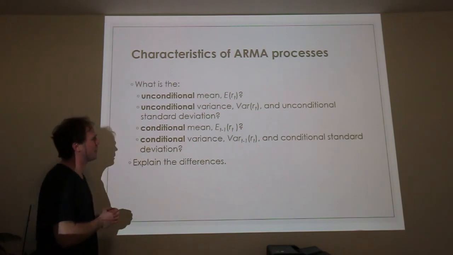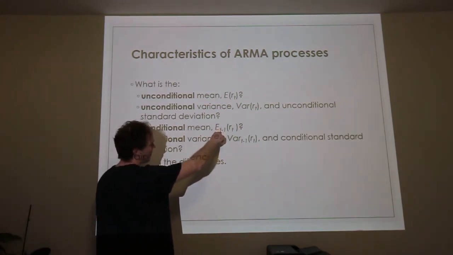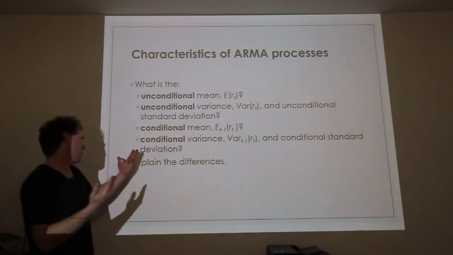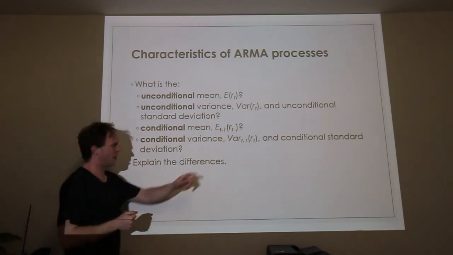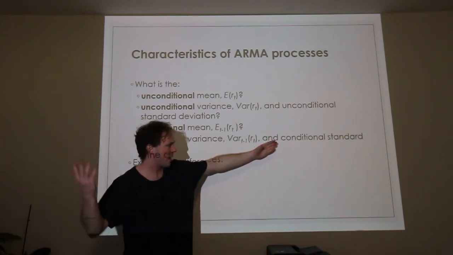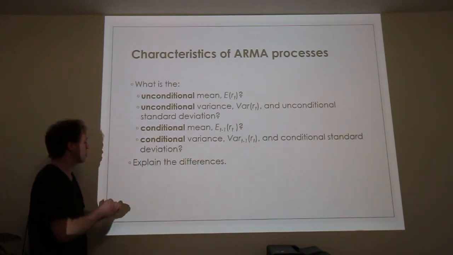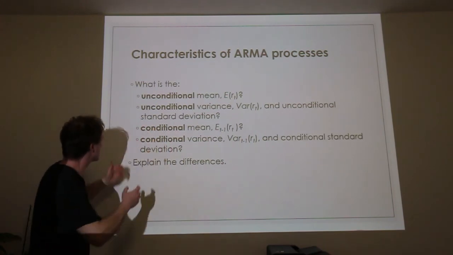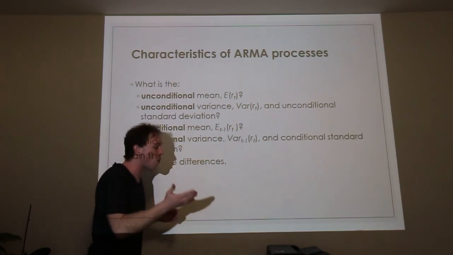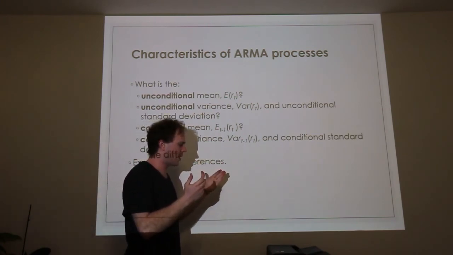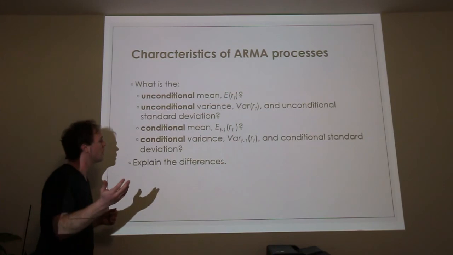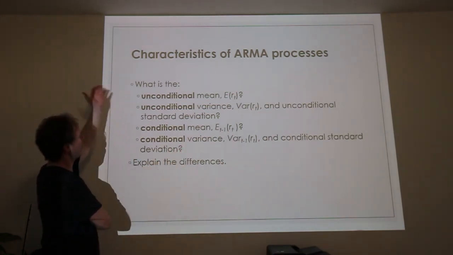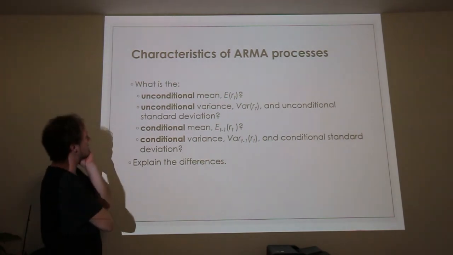What is the conditional mean, the expected value in time t minus 1 of returns, the conditional variance in time t minus 1, and the conditional standard deviation? We can explain the differences. This is a little bit of theory, here for you as supplementary material. So we can answer these questions.